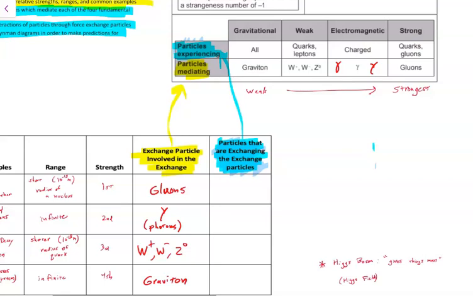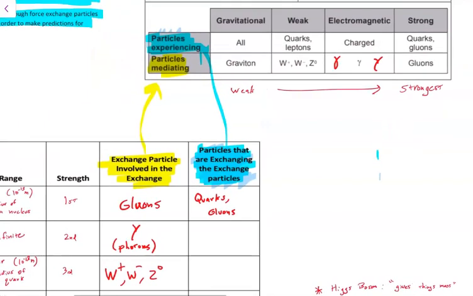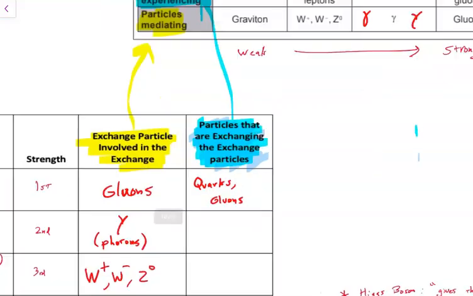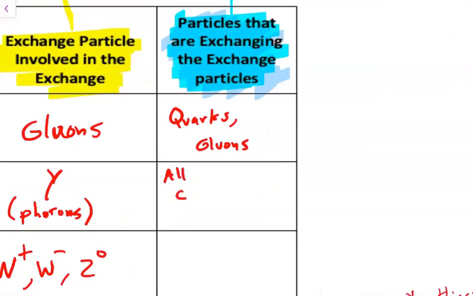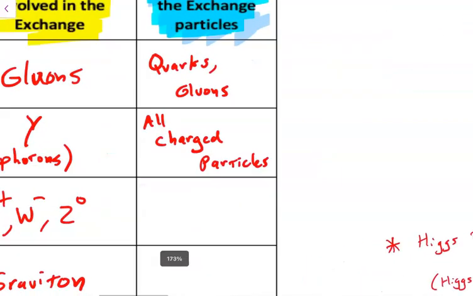And this is where, when we have the strong nuclear, we're looking at quarks and we're looking at gluons. For electromagnetic, we're looking at all charged particles. And for the weak, we're looking at quarks and leptons.